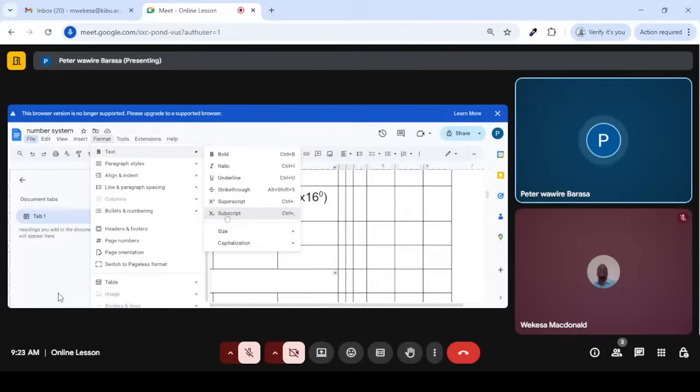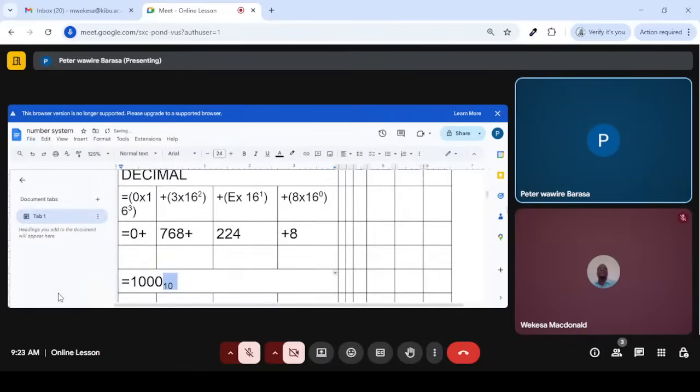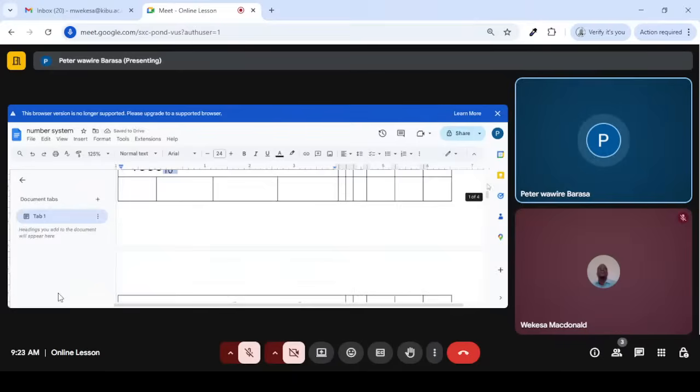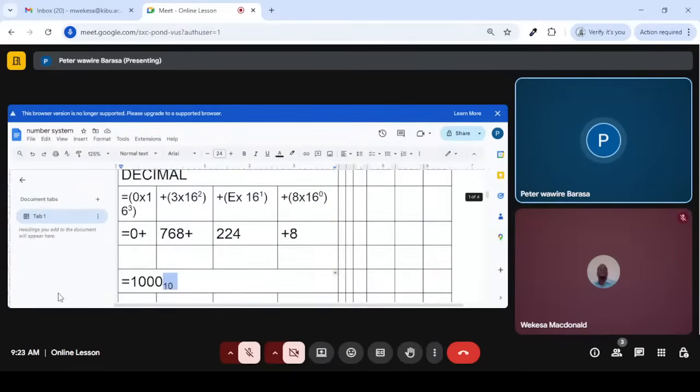It's base 10. So that's how it comes there. So we took 1,000 and we have converted it back. Now, even if you are told to convert this into binary, you can convert because you know 1,000, it's easy, you divide by 2. You can also convert it into octal. Once you have the decimal, you can convert it to anything. So that is it.